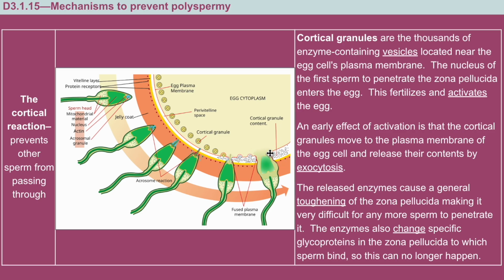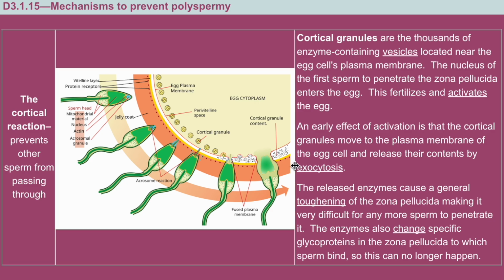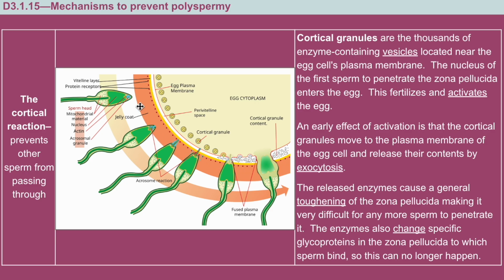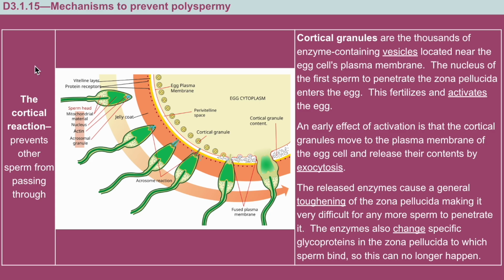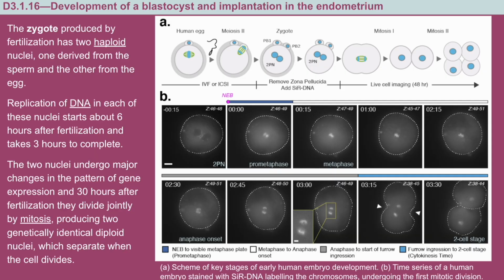Those enzymes that are released cause a general toughening of the zona pellucida, making it impenetrable to any future sperm. The enzymes also change specific glycoproteins, and so sperm can just no longer bind, preventing polyspermy, many sperm from fertilizing a single egg.